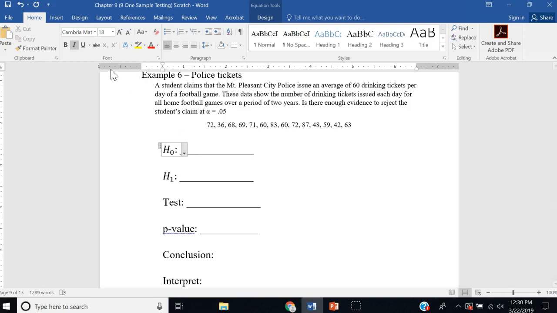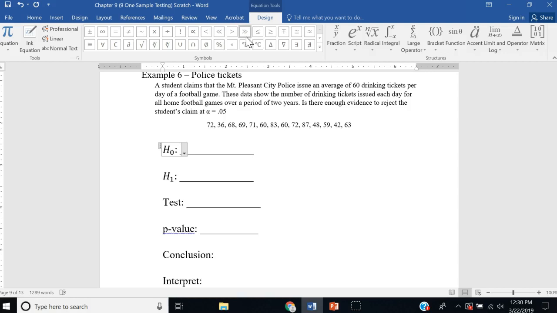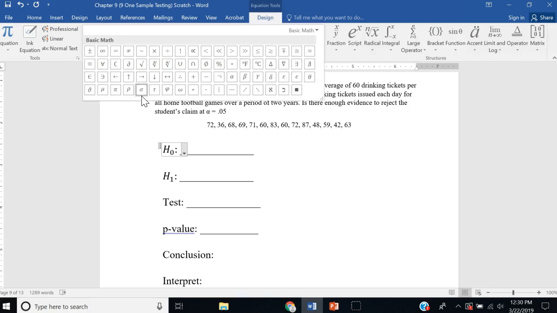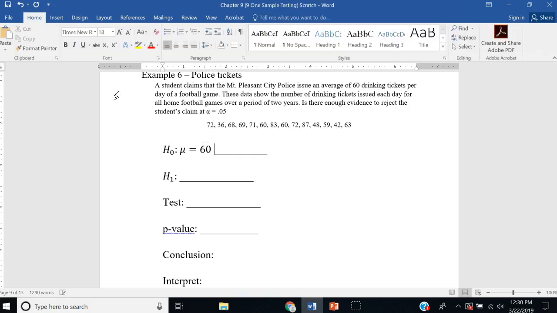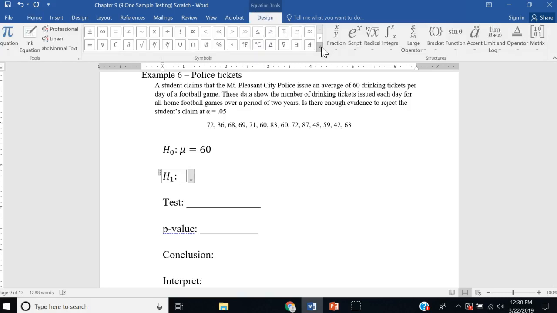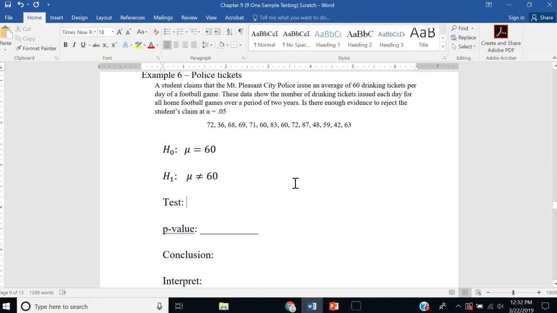So the null hypothesis in this case is that the average number of drinking tickets is equal to 60. The alternative hypothesis, well, this one doesn't say anything about greater than or less than, so it says that the average number of tickets is not equal to 60. Then we ask ourselves, what test do we use?